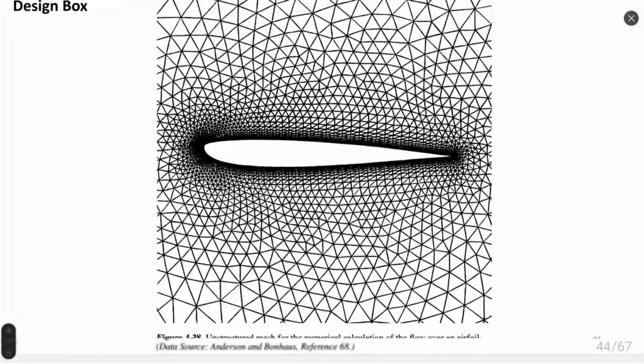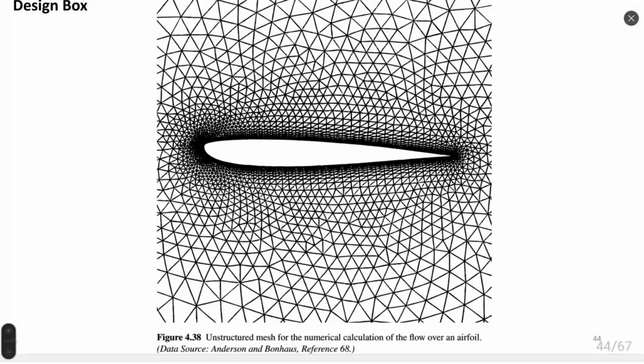Anderson likes this figure 38. This is an old figure which Anderson showed in his book since the first editions. It's a triangular mesh around airfoil, a way to calculate flow around airfoil.